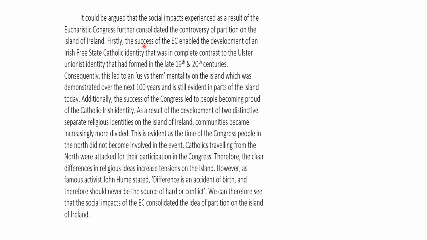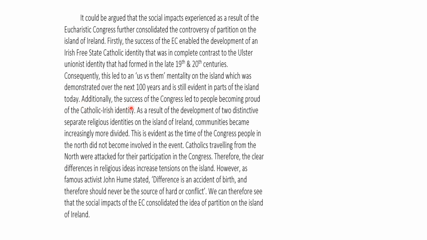Firstly, the success of the Eucharistic Congress enabled the development of an Irish Free State Catholic identity that was in complete contrast to the Ulster Unionist identity that had formed in the late 19th and 20th centuries. Consequently, this led to an us versus them mentality on the island, which was demonstrated over the next 100 years and is still evident in parts of the island today.